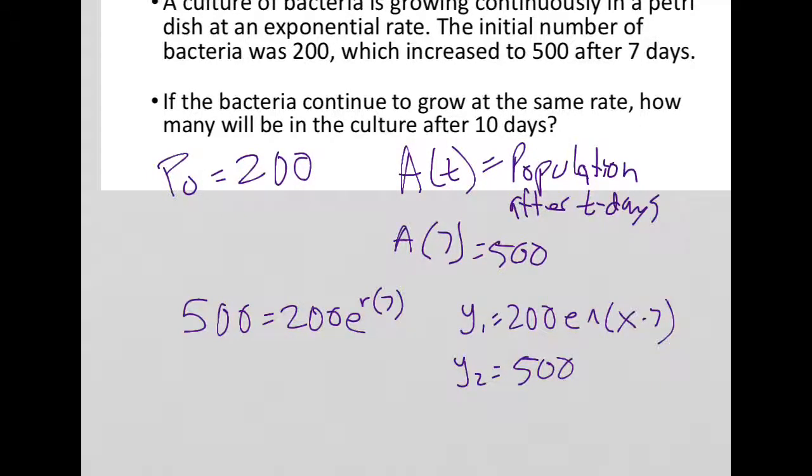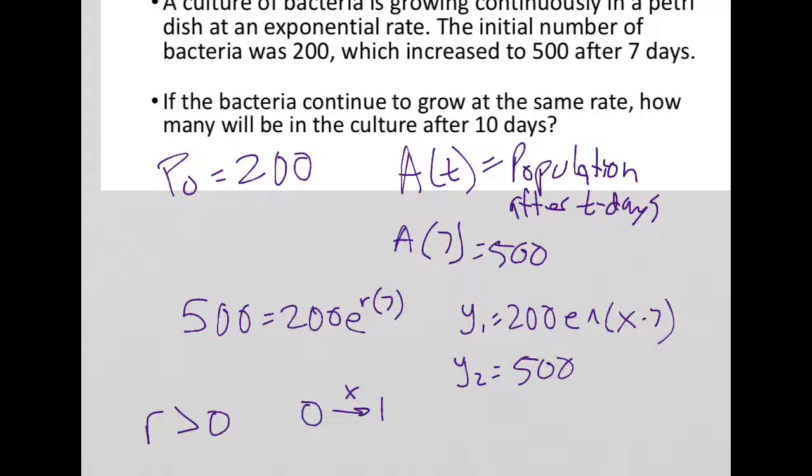So when you graph this, we're going to need to find a good window for it. So things we know: r, our rate of growth, is going to be a positive number because our population is increasing from 200 to 500 after 7 days. So when I make my window, I am going to go from 0 to 1 for x, and that's because I know it is a positive rate, and it's going to be some decimal.